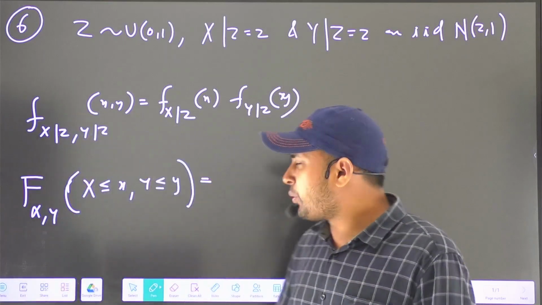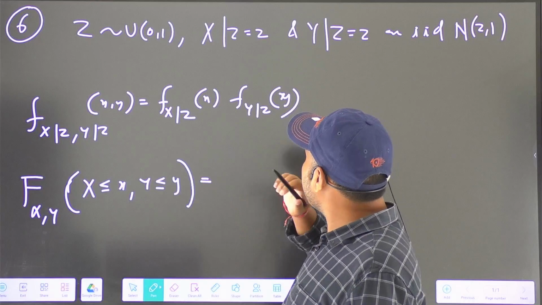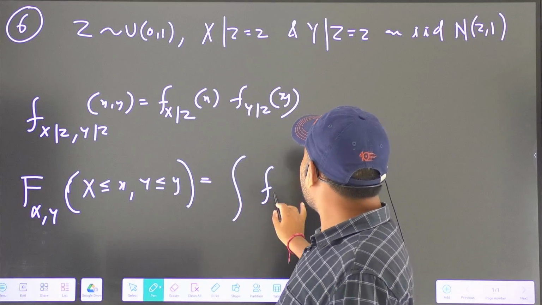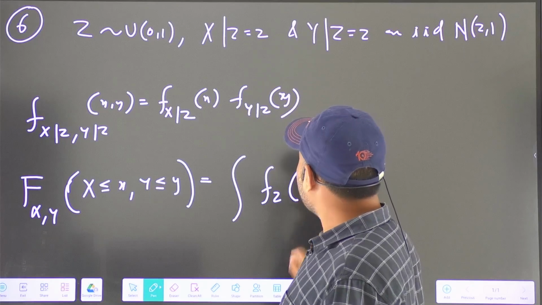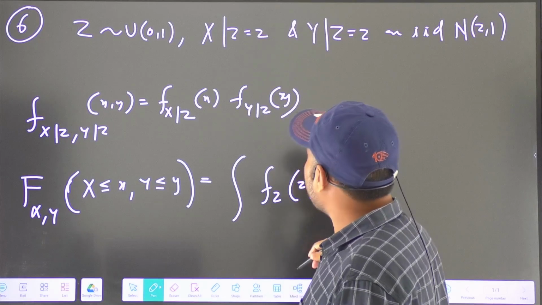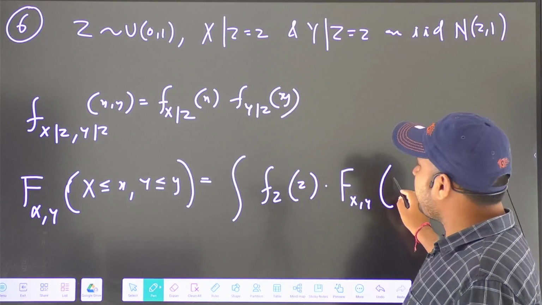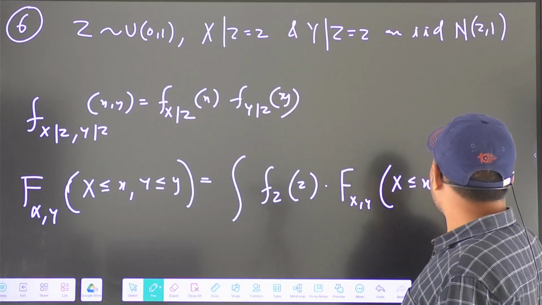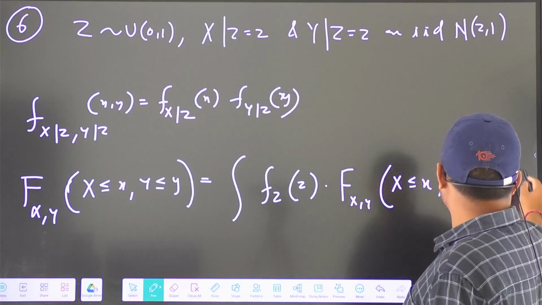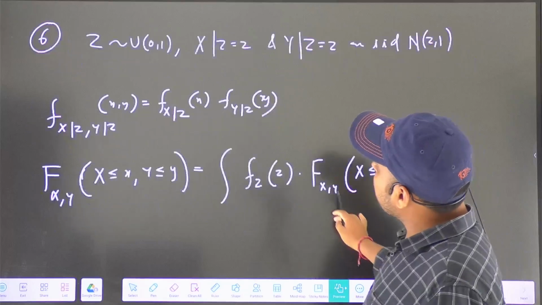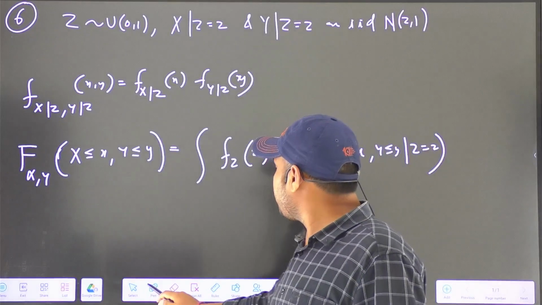Can we write it using the theorem of total probability? Can we write it as the PDF of Z times the CDF of X less than or equal to x, Y less than or equal to y given Z? Can we write like this? Theorem of total probability. Check.